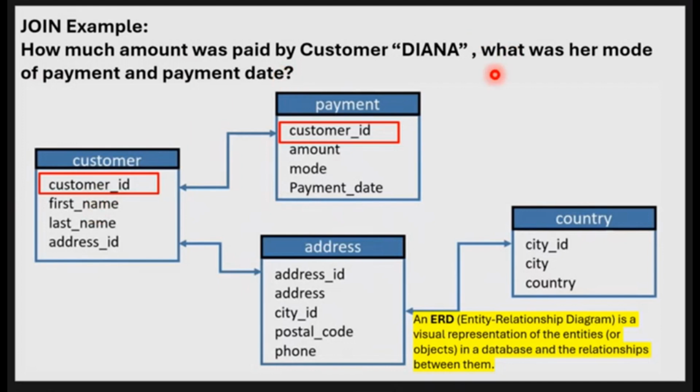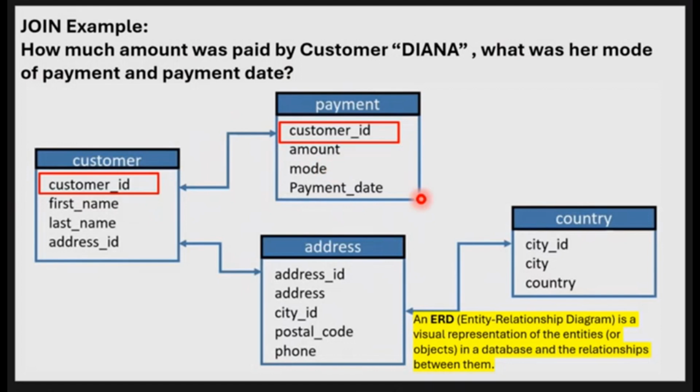Now what is asked, we also need her mode of payment and payment date. The mode of payment is here in the payment table and payment date is also here. So if we are able to combine these two tables on customer ID, we will be able to get Diana's details, which are available in the customer table, and her mode and the payment date.